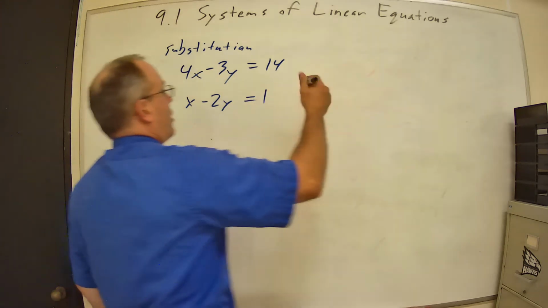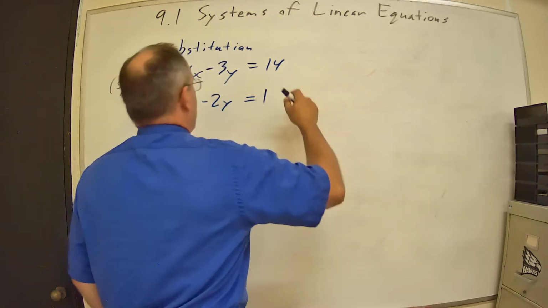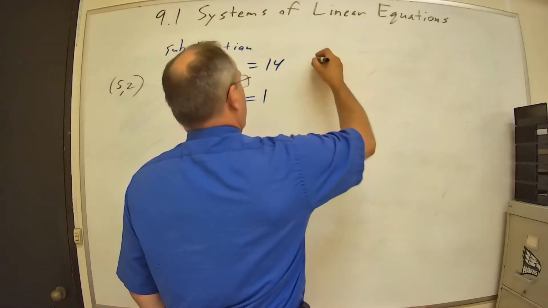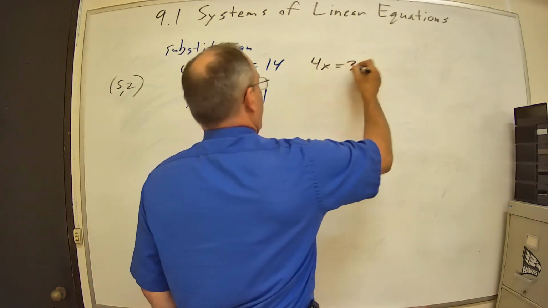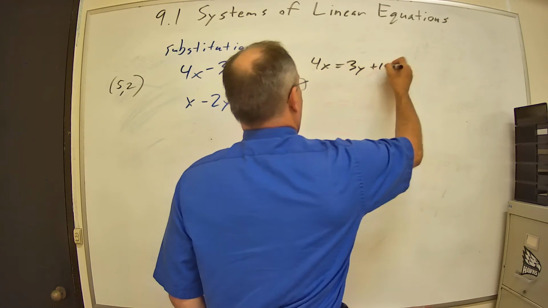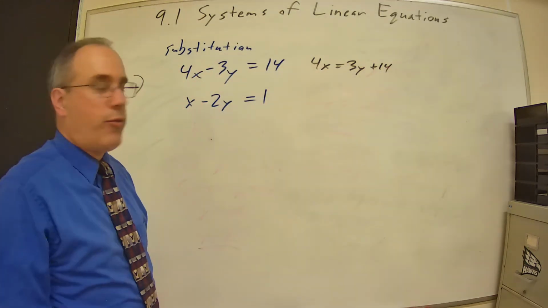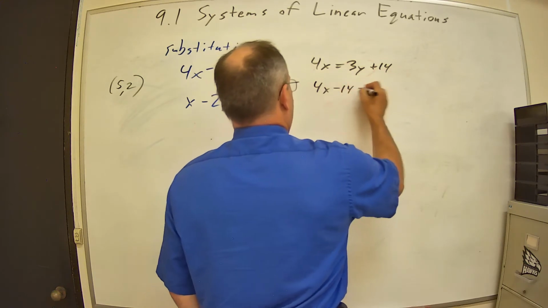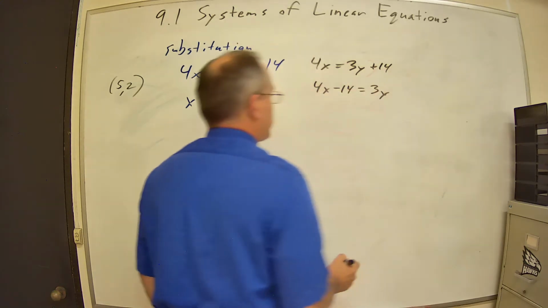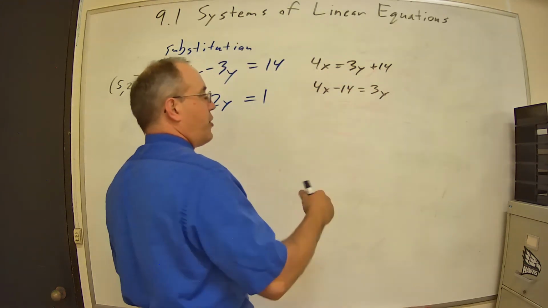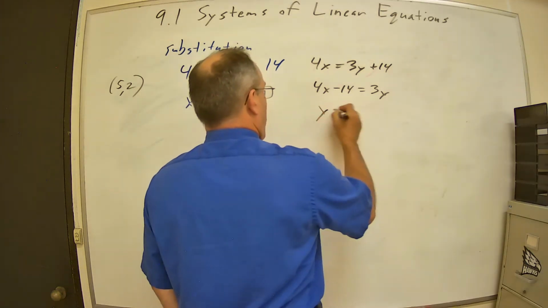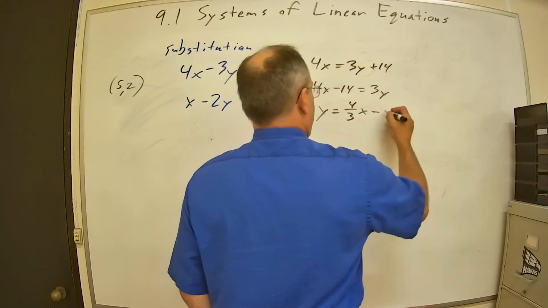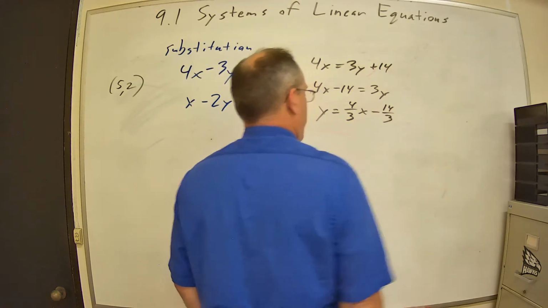So this first one, if I add 3y to both sides, I get 4x is equal to 3y plus 14. I subtract 14 from both sides. 4x minus 14 is equal to 3y. And then if I divide both sides by 3, I get y is equal to 4/3 x minus 14/3.